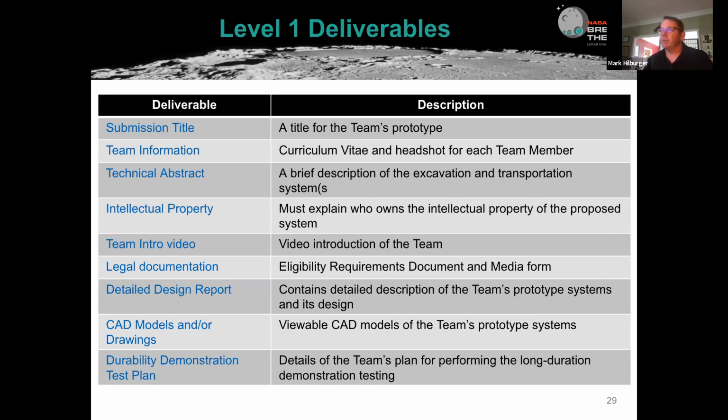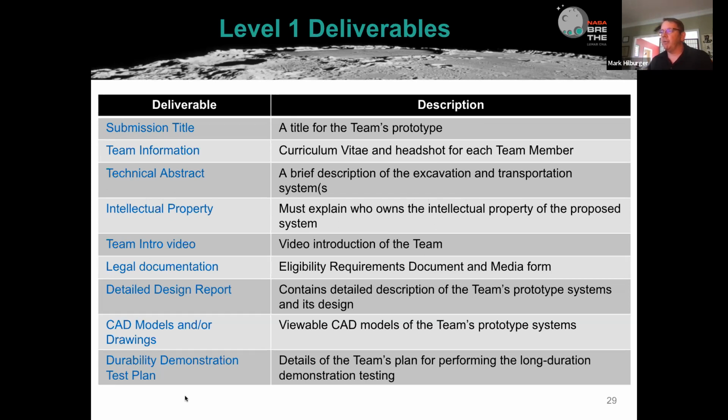The deliverables are your title, team information, an abstract, explanation of any intellectual property of the proposed system, a team video, any legal documentation, eligibility requirements, and such, a detailed design report of your prototype system, CAD models and/or drawings, and finally the durability demonstration test plan.